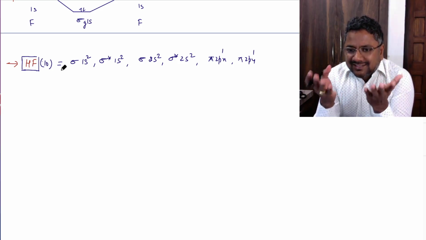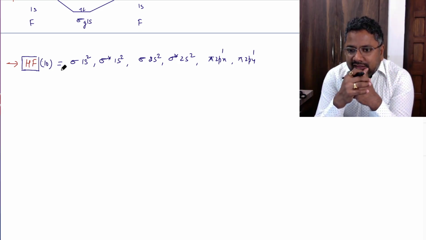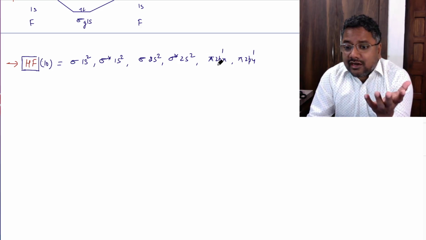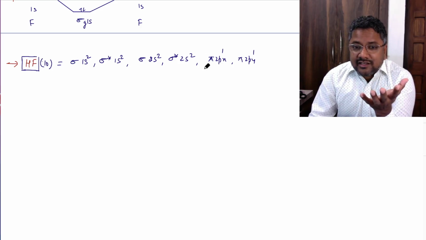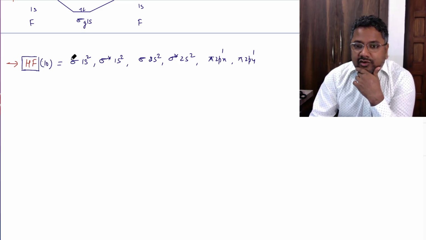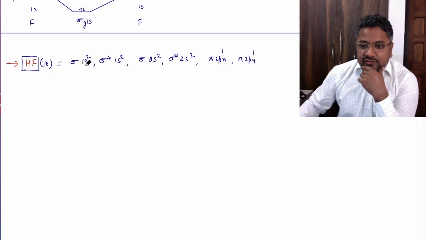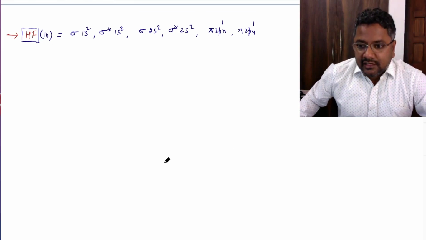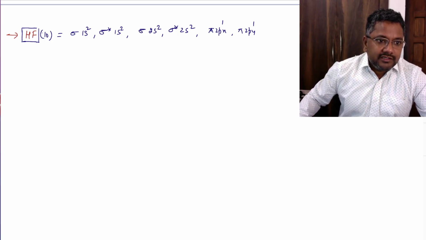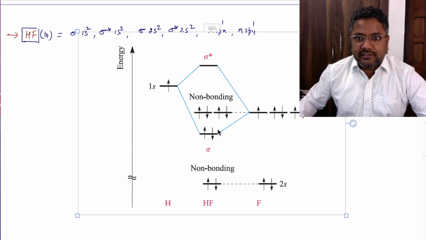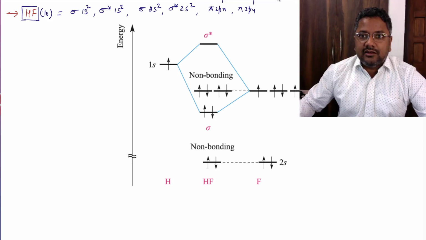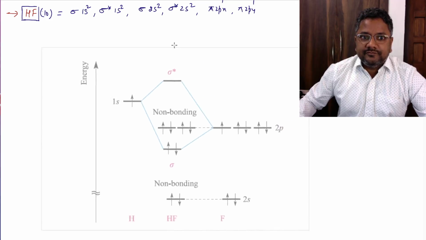After that, is there any possibility of overlapping, or 1s of this hydrogen will overlap with which orbital? So it is very unlikely that we can use this electronic configuration for a heteroatomic molecule like this HF. So I have some experimental energy order for this HF molecule, and all of you can see this. See, this is the HF molecule, and try to understand this diagram.